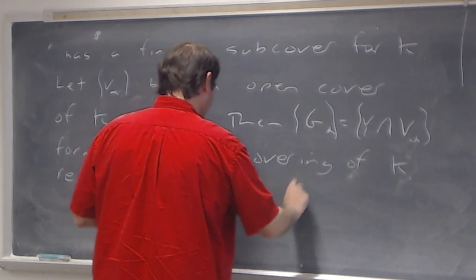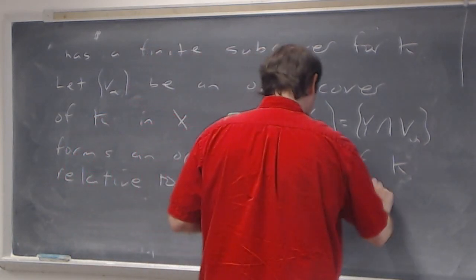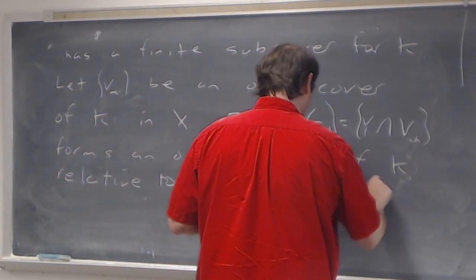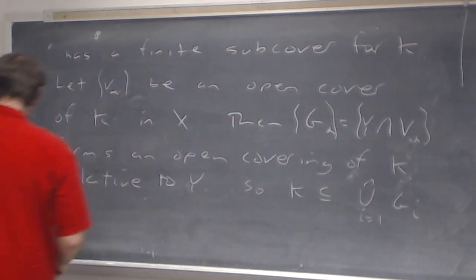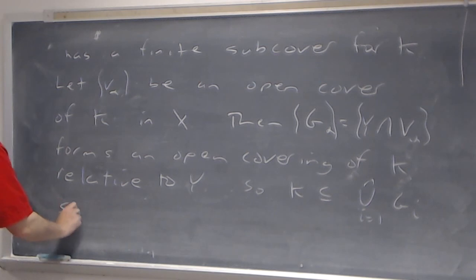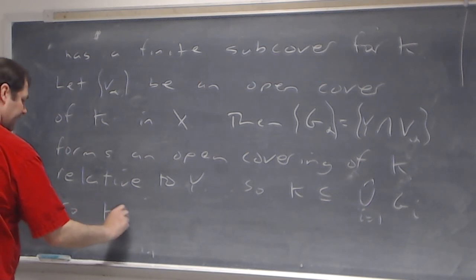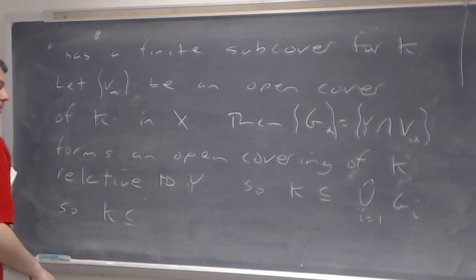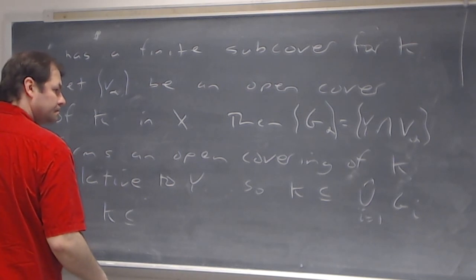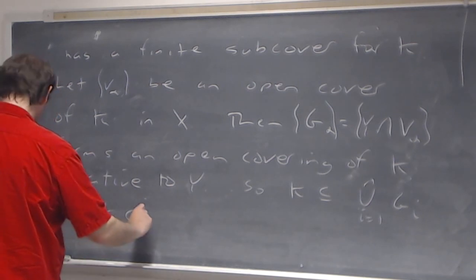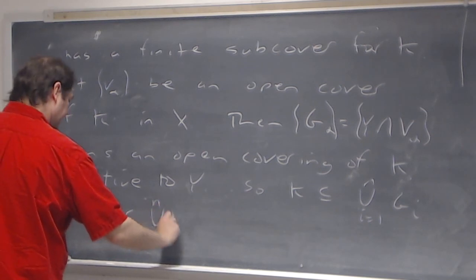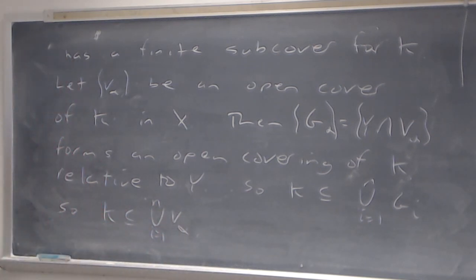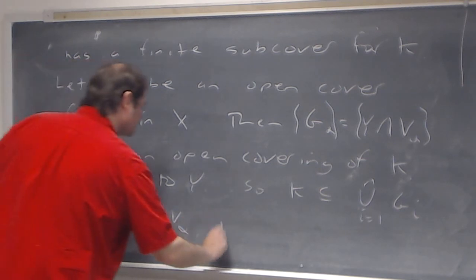So that means that K is a subset of some finite number of these, i running from 1 to n of the G sub i's. So that gives us that K is going to be a subset of the union as i runs from 1 to n of the V sub alpha. So only finite V sub alphas are needed. Okay? And that's the proof.